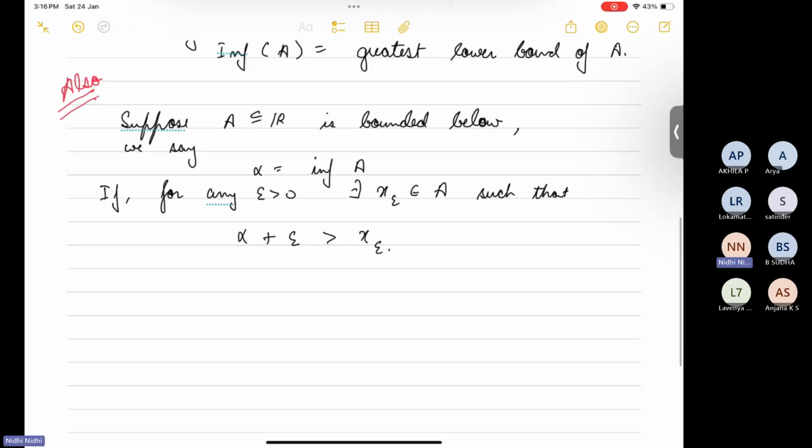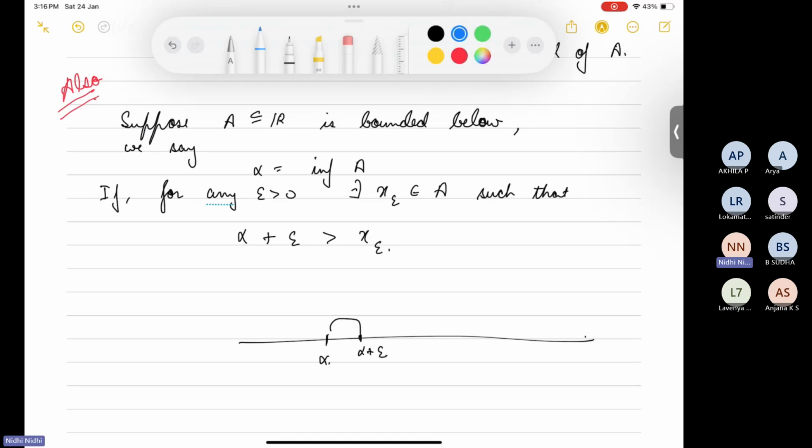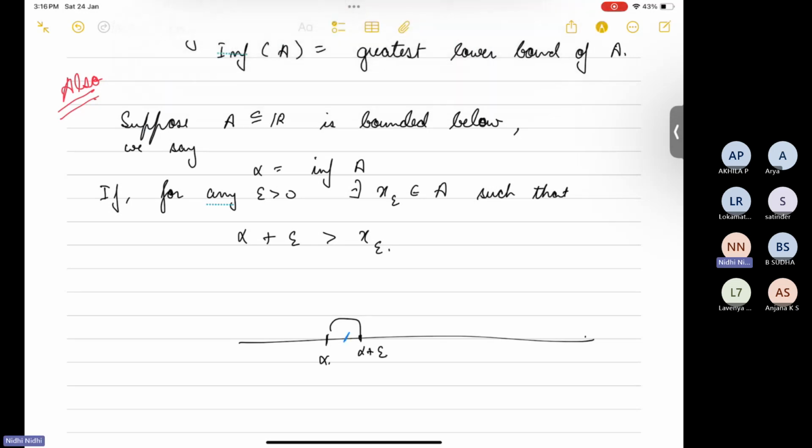So basically, if this is alpha, and I take a slightly bigger value than alpha, say alpha plus epsilon, then I should be able to find some element in the set A which is less than alpha plus epsilon. So basically it is somewhere here.